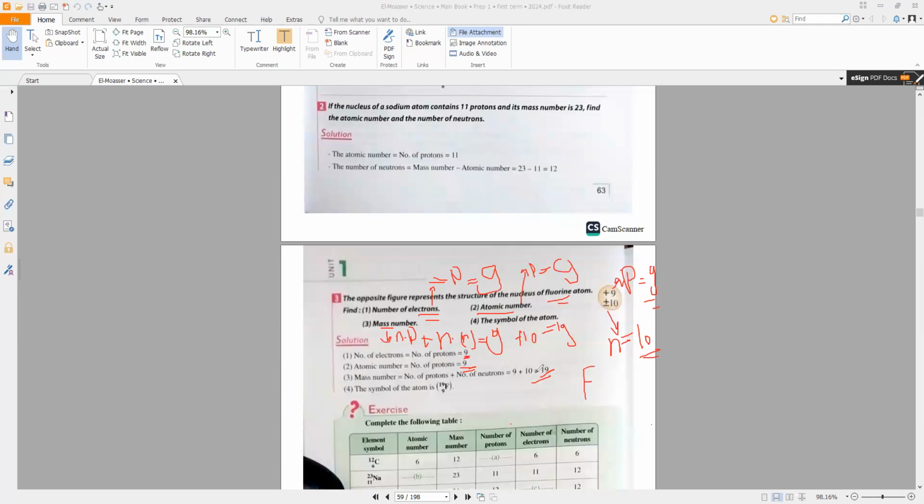The mass number we calculated is 19 and the atomic number is 9. So the symbol of fluorine is F, with 9 and 19. The atomic number is written below the symbol of the element, and the mass number is written above the symbol of the element.